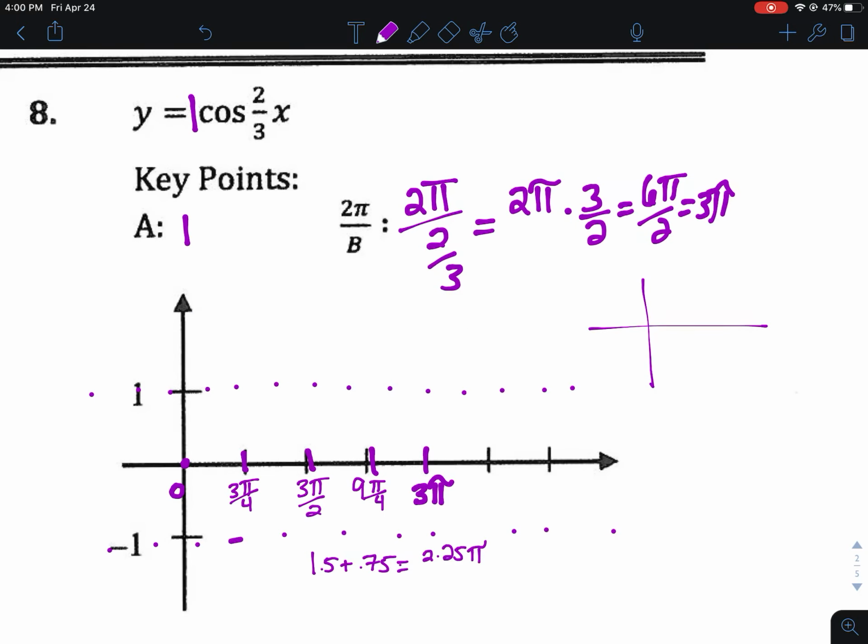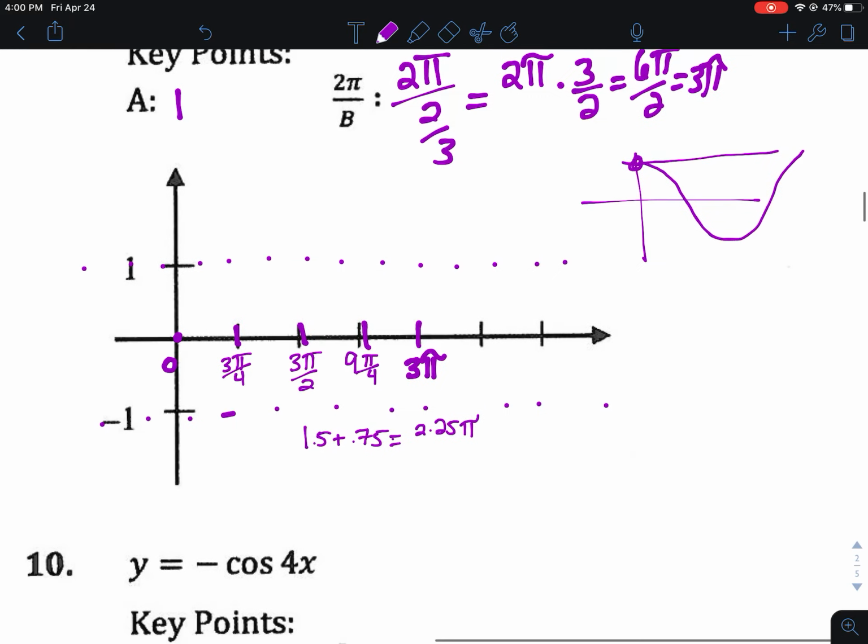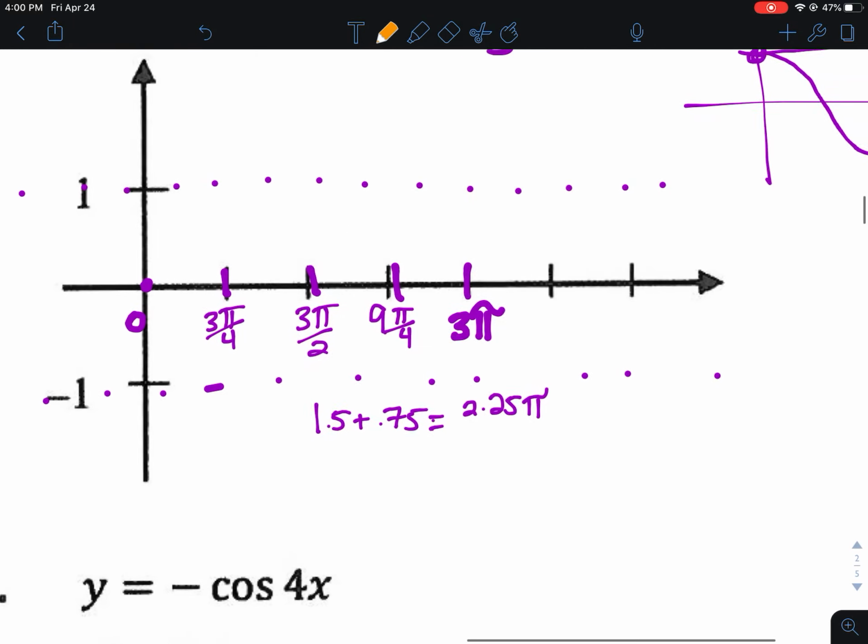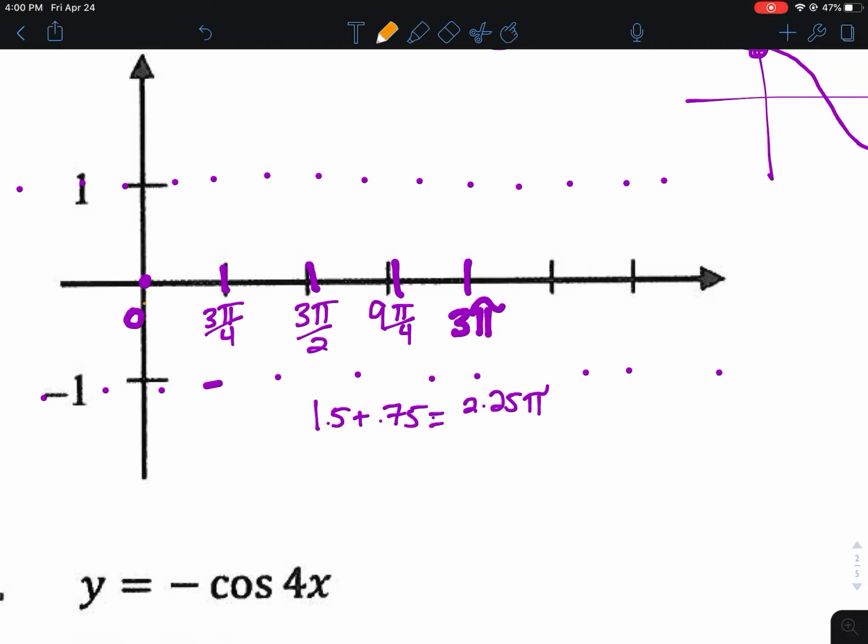The difference between the sine and the cosine graph is that cosine starts at the top of your amplitude if it's positive and goes down. So when I draw a cosine graph, I'm going to start when x is 0 at positive 1. At the next tick mark, we're just going to follow that curve, so it goes down to the middle, and then the next tick mark, it goes all the way down to the bottom of the amplitude.